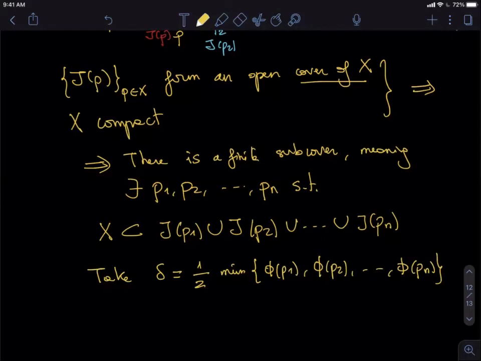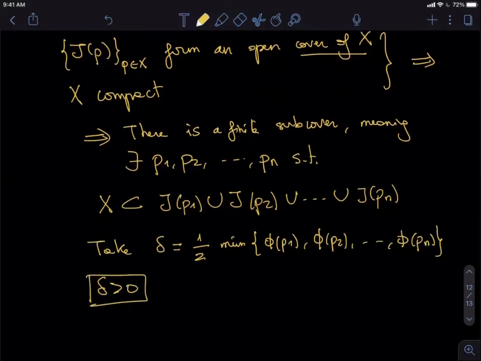Here, notice what happens. We know that delta is strictly positive, and this happens because we have a minimum of n positive quantities.